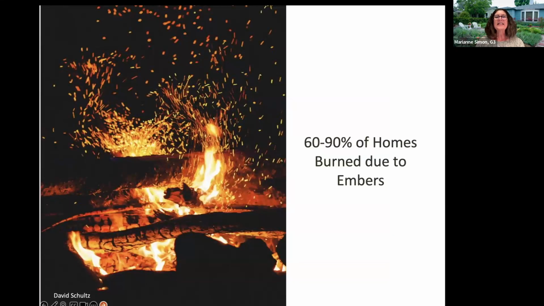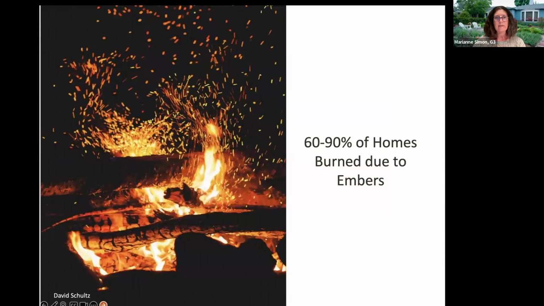Because 60 to 90% of the homes that were burned were burned due to embers. These embers made their way up into the skies, obviously exacerbated by the winds, and then made their way into the house.